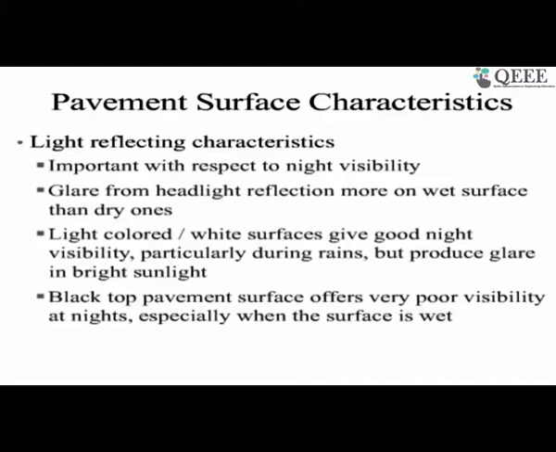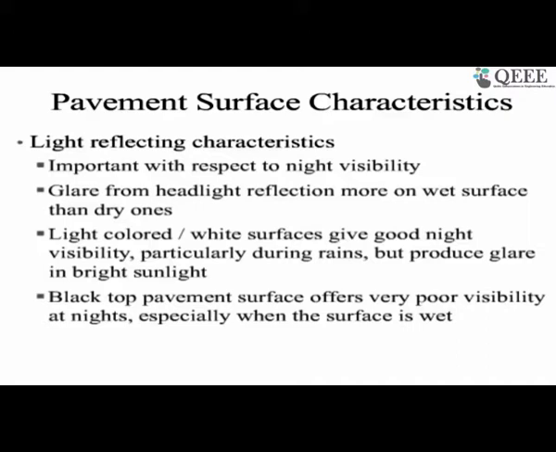So a concrete pavement which is of light color is good for night time, whereas it may not be good in the daytime because it may create a lot of glare. Whereas a bituminous pavement which is dark may not be good at night time. So we need to have a balance, and this is one of the reasons we also provide white pavement marking, which is helpful at night time.